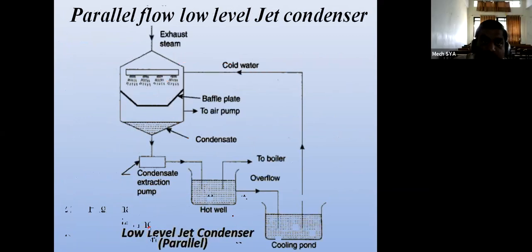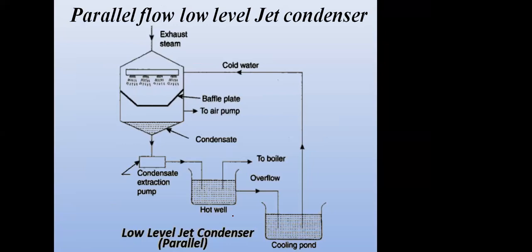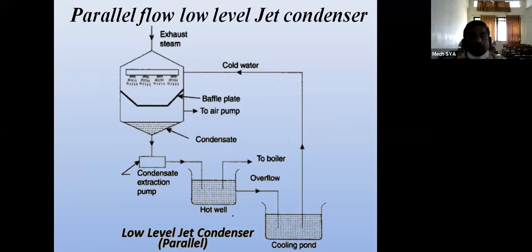Now, before going to the condenser types in detail, anybody having doubts about this, please mention. If you understood everything up till now, fine; if repetition is required, please say so. We are going very slowly.